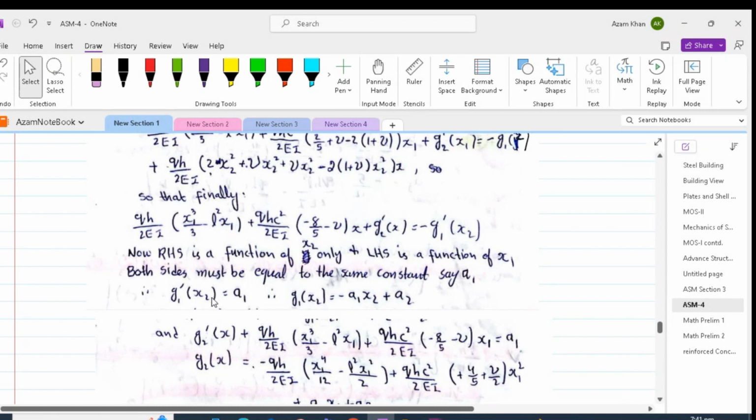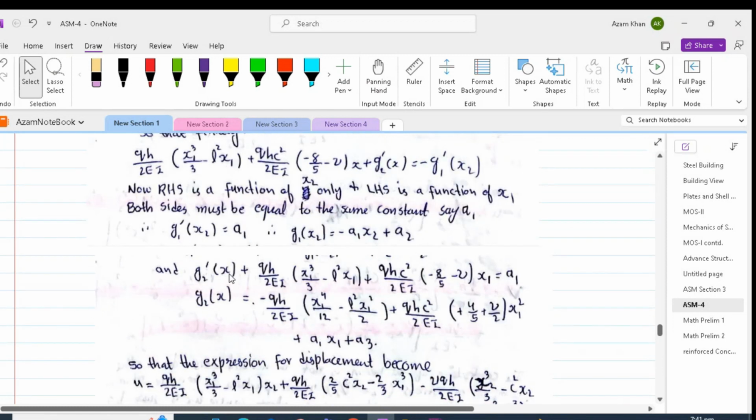Now we can call g1′(x2) some constant. So this expression can be integrated and we get a function g1 of x2 equal to −a1x2 + a2. Plugging the value back in this equation, we can get the expression for g2′(x), and from this expression we can get g2 of x1 by integration.